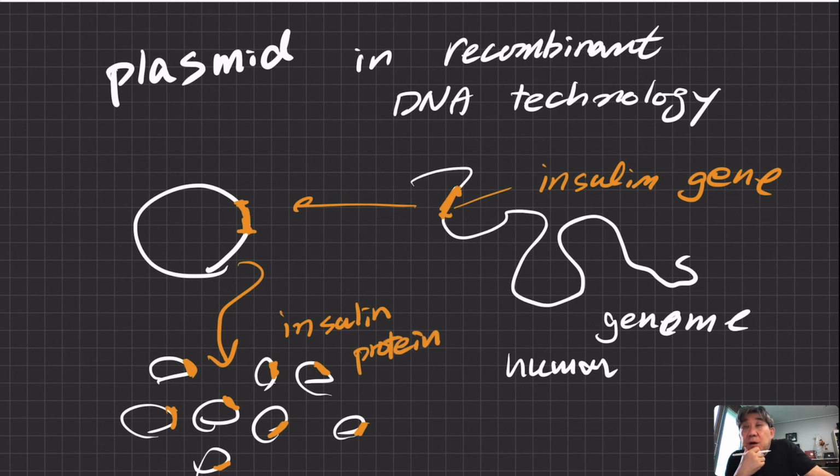In bacteria, you can then produce a huge amount of insulin at very cheap prices.